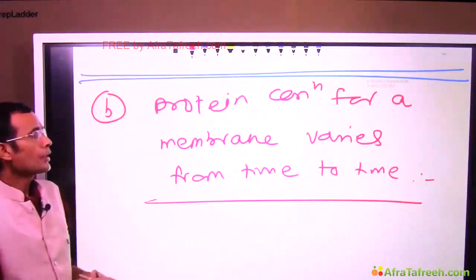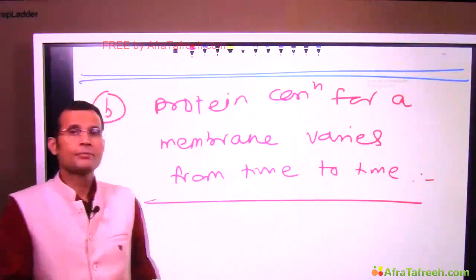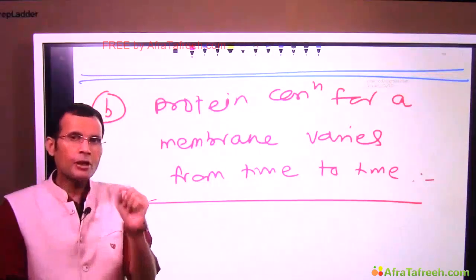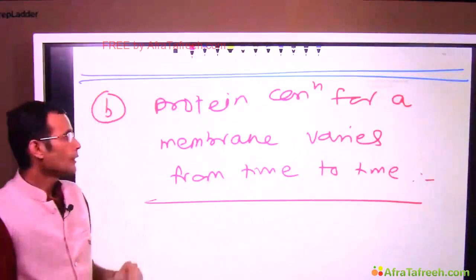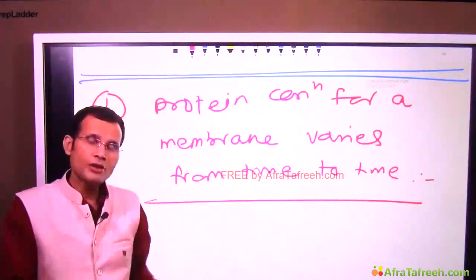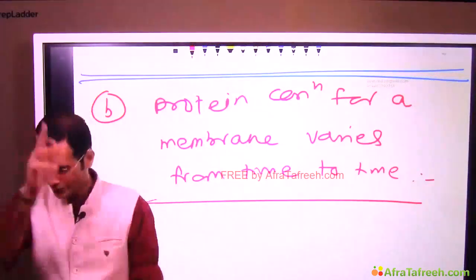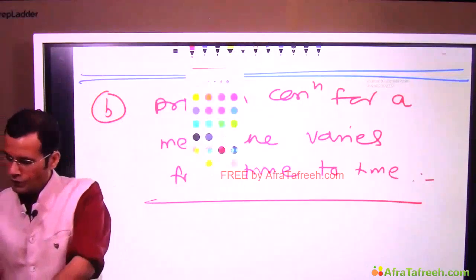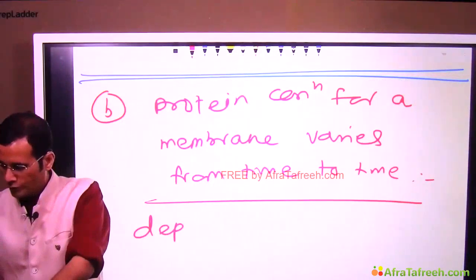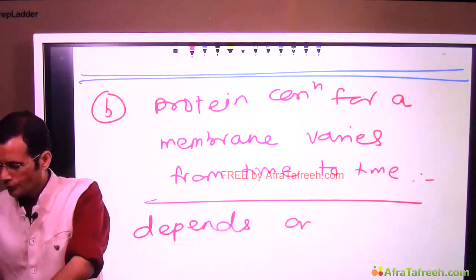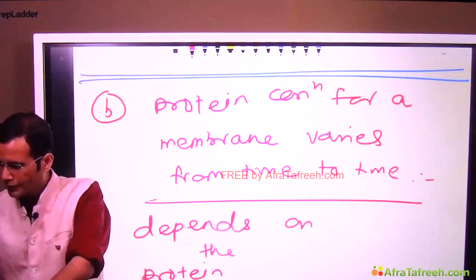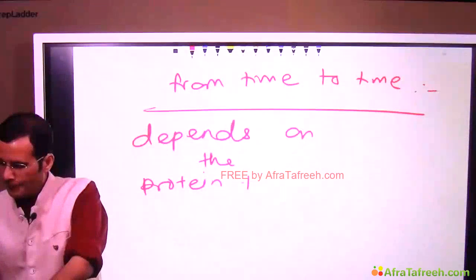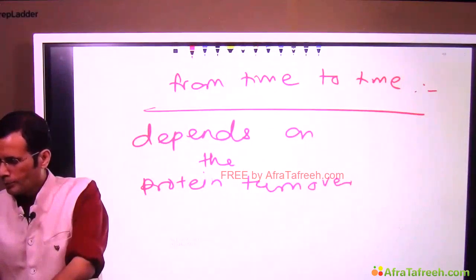But it's not that fixed. For a particular cell and its membrane, the protein concentration will change from time to time, because it depends on the protein turnover rate for that cell. Protein turnover rate.